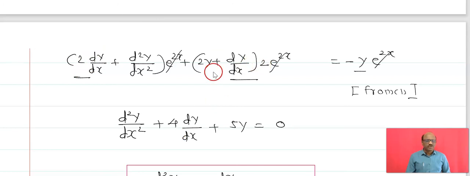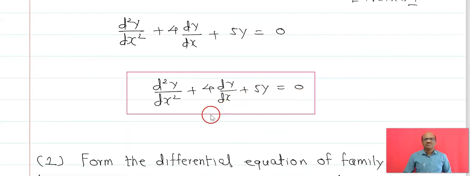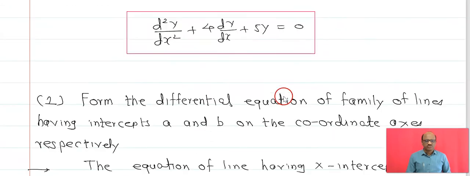Here is 2 into 2y, that will become 4y, and here is minus y. Bring this to the left hand side, and that will become 5y equals 0. Hence the required differential equation is d2y by dx square plus 4 dy by dx plus 5y equals 0.